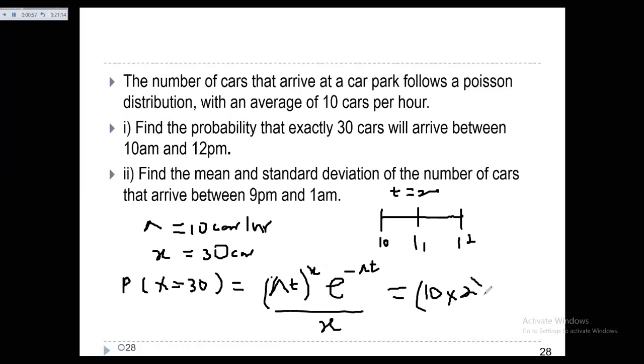So e raised to the power negative 10 times 2, over our X, which is 30 factorial. Okay, so kindly find that for me. Do the calculation for me.